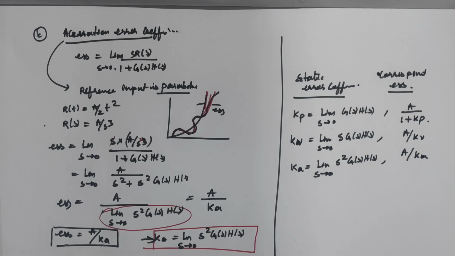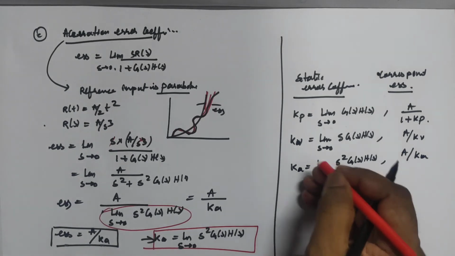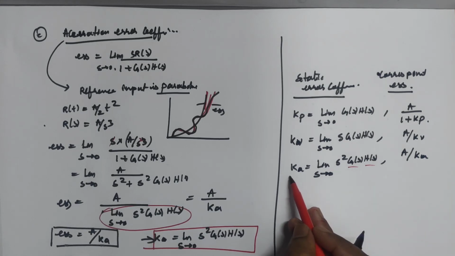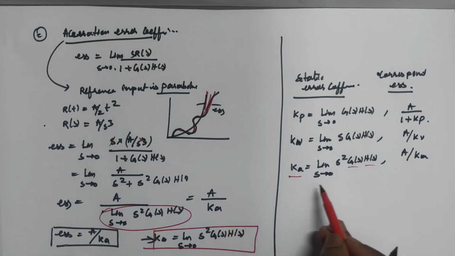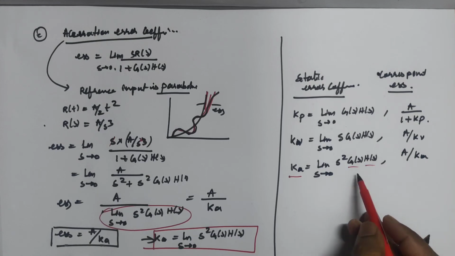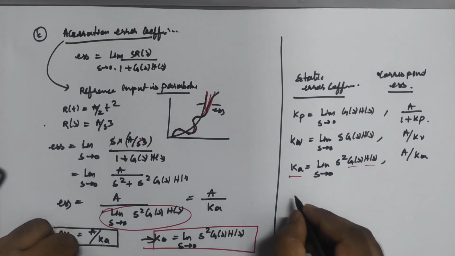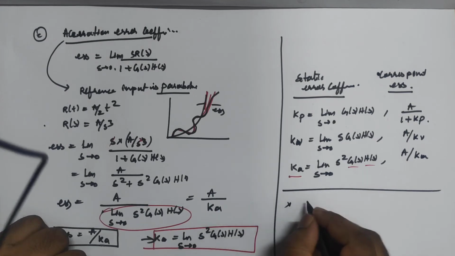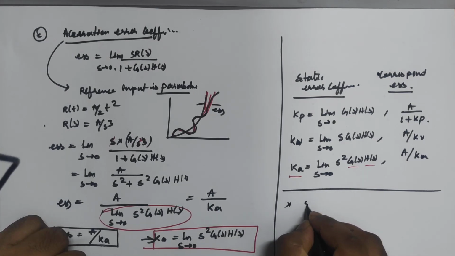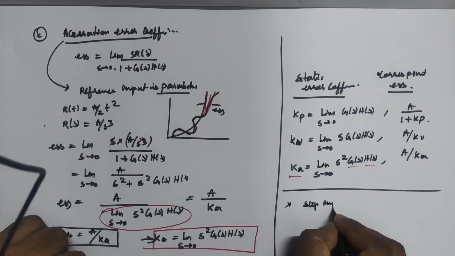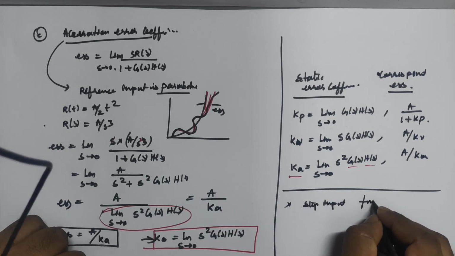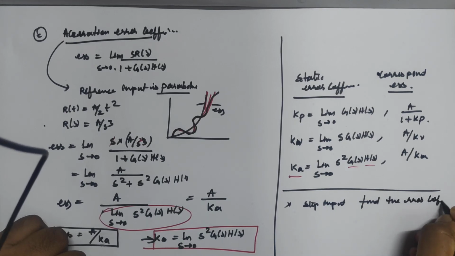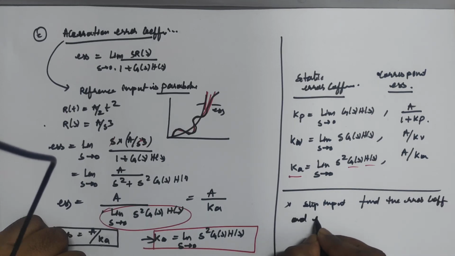In problems, they will give a system G(s) and the feedback element H(s), then ask you to find the error coefficient. For example, for a step input, find the error coefficient and steady state error.